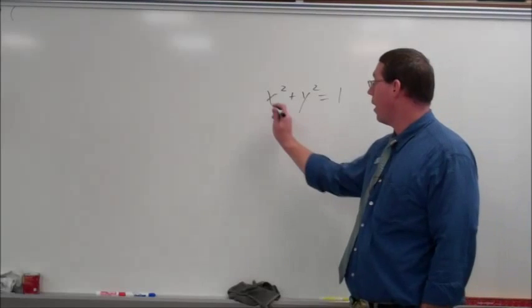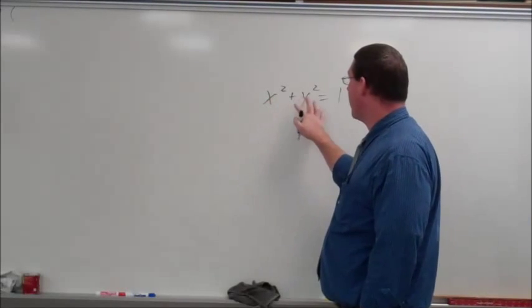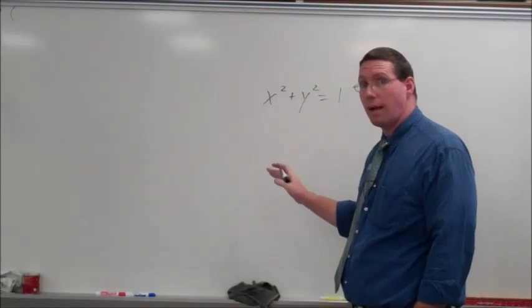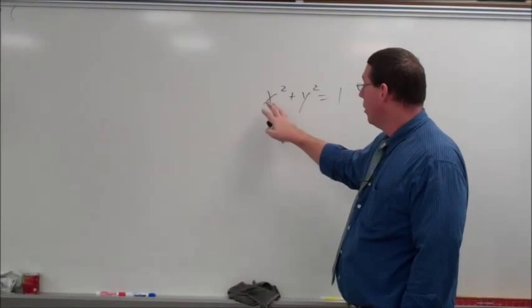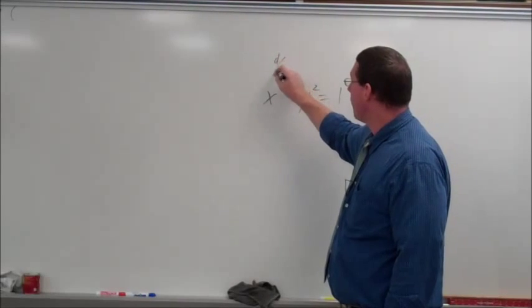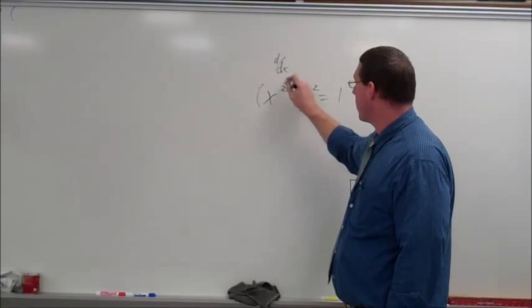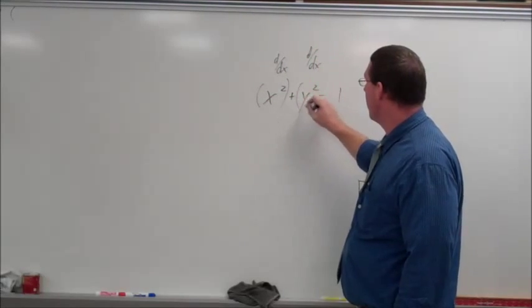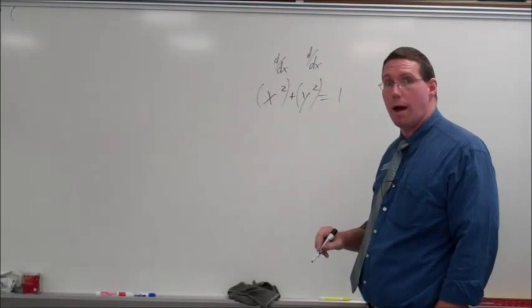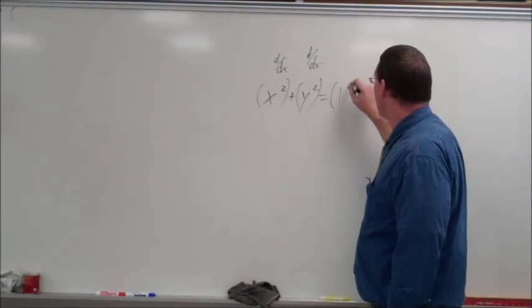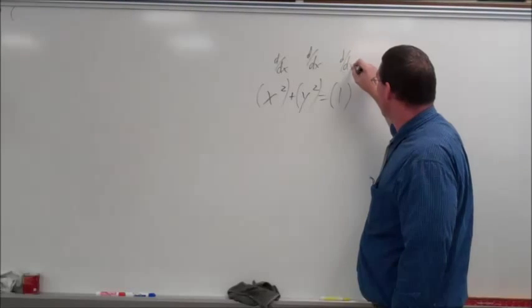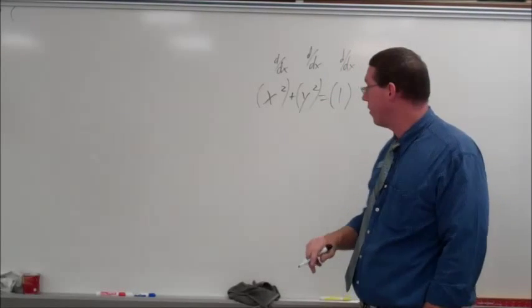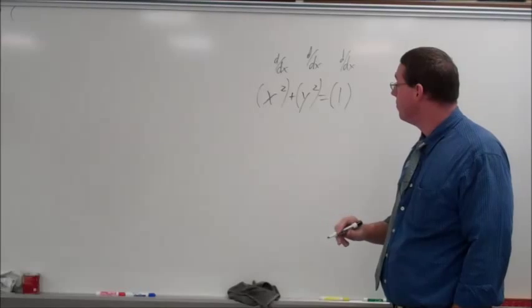What I showed you in class is that if we want to identify dy/dx, we find the derivative d/dx of x squared, then d/dx, the derivative with respect to x, of y squared, then the derivative with respect to x of 1.